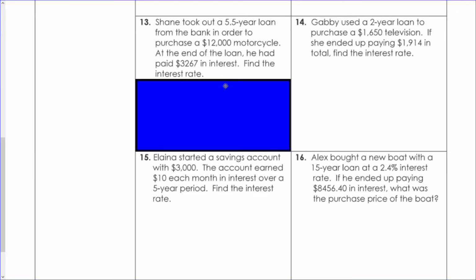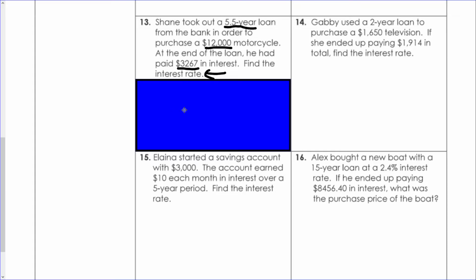At the end of the loan, he had paid $3,267 in interest. Find the interest rate. In this question, we're given the time and the principal, but we're also given the interest, not the interest rate. We need to find that interest rate.